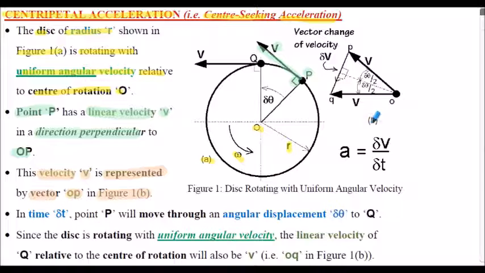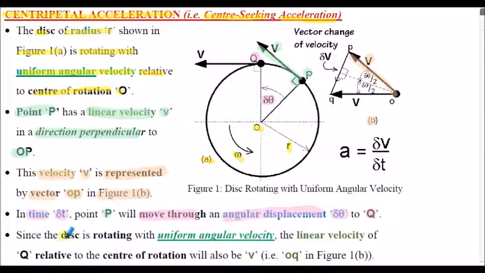Here's figure 1b, and here's line OP representing vector v. In time delta t, point P on our diagram here will move through an angular displacement delta theta, shown here, to point Q here.